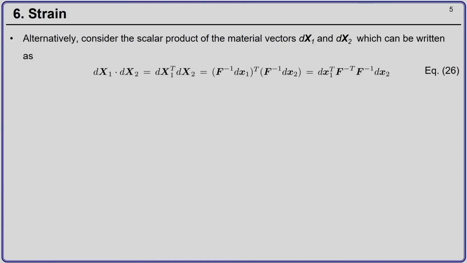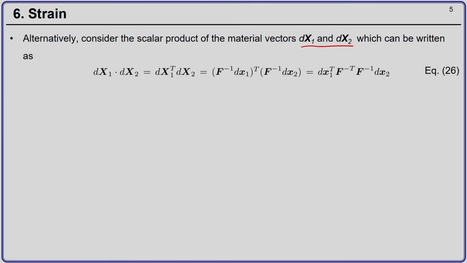So, alternatively I can go the other way around. I can consider the scalar product of the material vectors dx1 and dx2. So, I can write dx1 dot dx2, and because both are vectors, I can write dx1 transpose dx2.